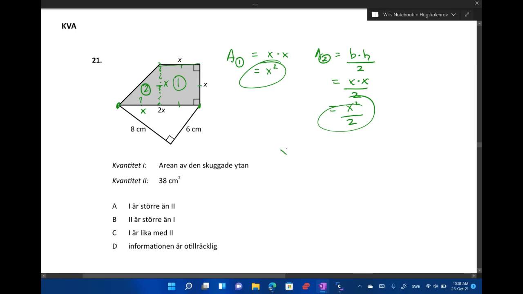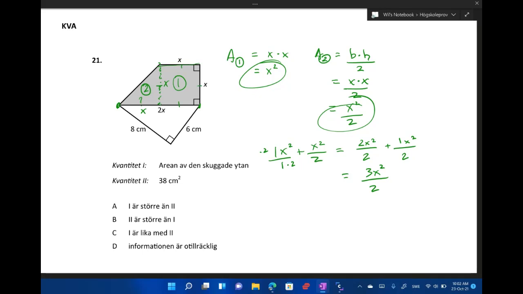So we have x squared plus x squared over 2. That's the same as x squared over 1. To make these the same denominator, we multiply by 2. That's the same as 2x squared over 2 plus 1x squared over 2. So our final answer is 3x squared over 2, or 3 over 2 x squared.